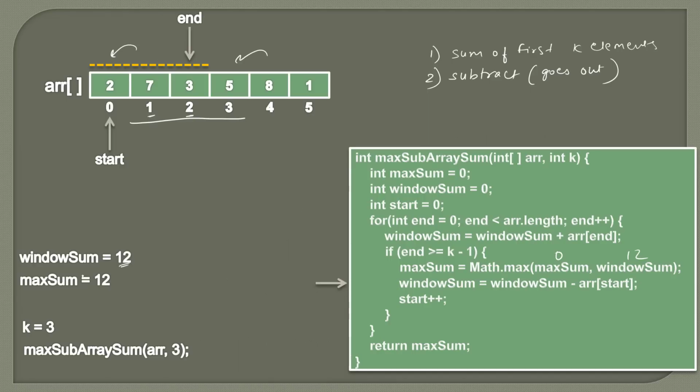So we are not recalculating the sum now. We are simply subtracting the element which is going out of the sliding window. So we take the window sum and subtract the element at the start index, which is 2. So our window sum will become 12 minus 2, which is 10, like this.